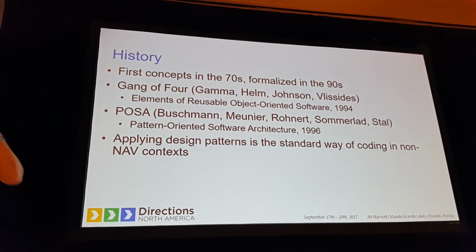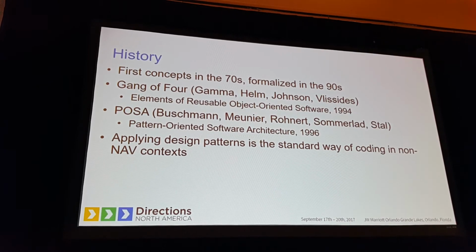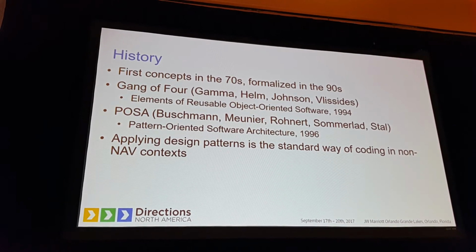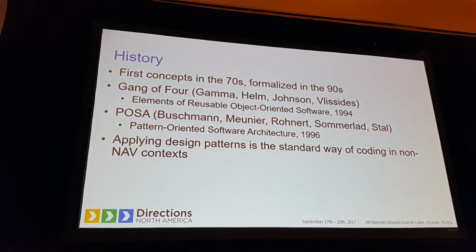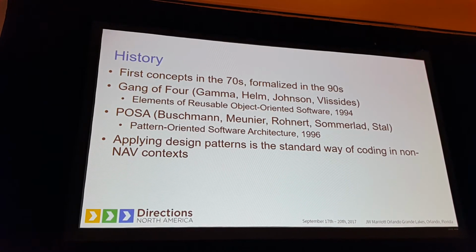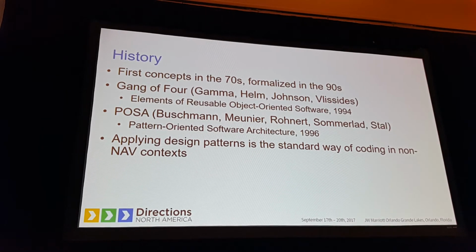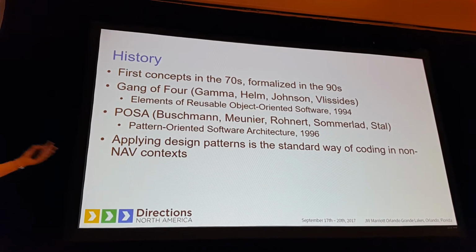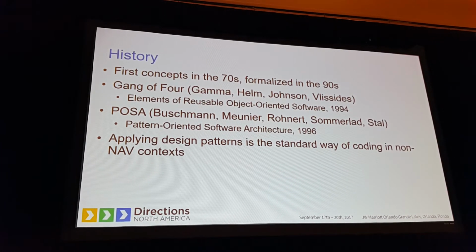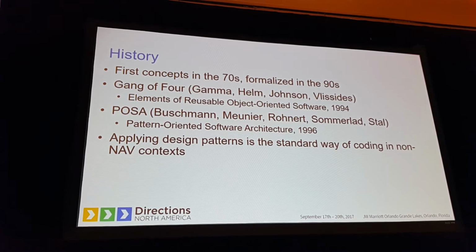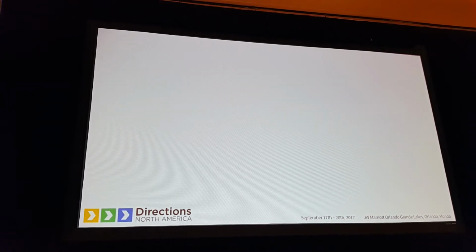And what we try to do with design patterns is we're going to do the same with NAV, right? We're going to formally name the things that we've been doing for a long time, and we're going to label it, so it's going to be easier to talk about it. Once you label something, it's also easier to say, with this version, the design pattern is going to change, or with this version, we're going to introduce a new design pattern because we changed the framework.